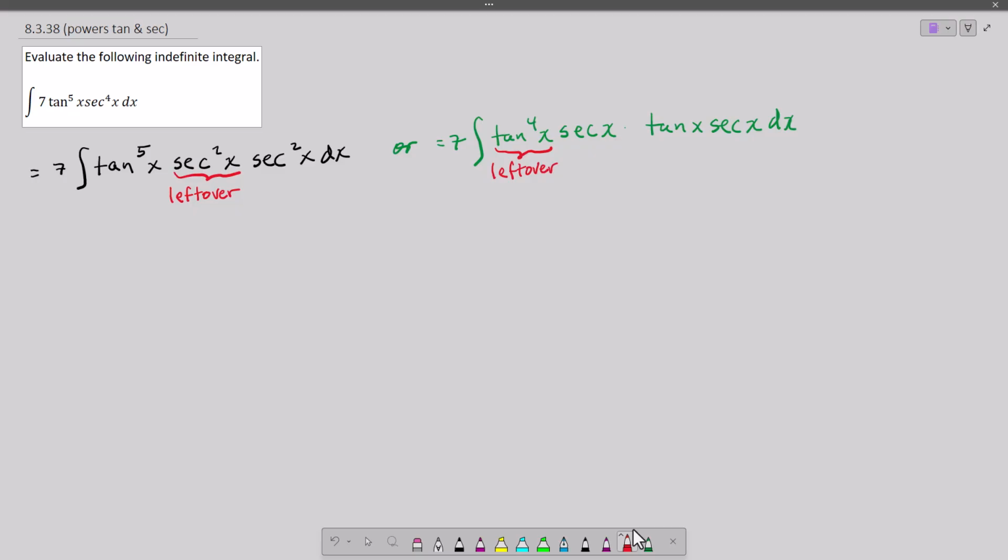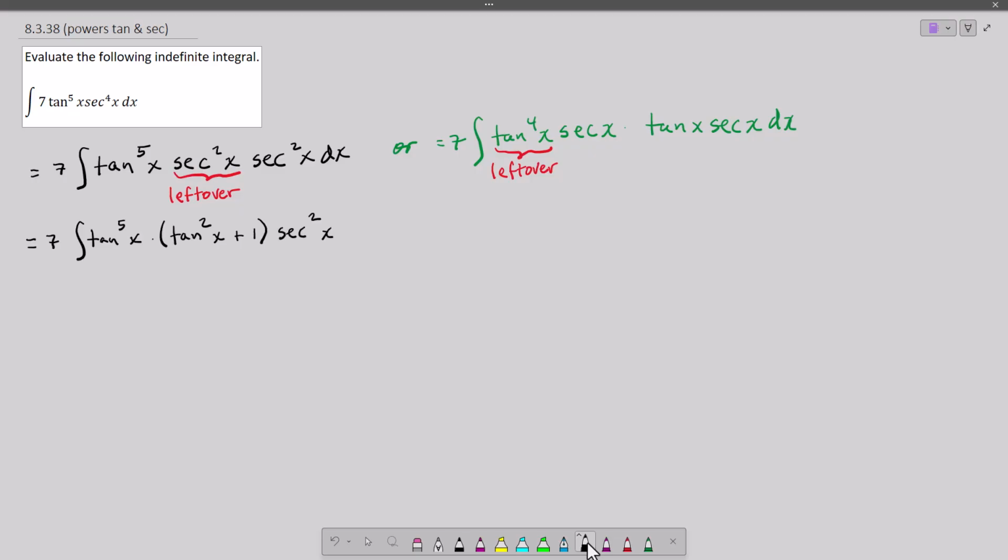That's more work to convert a power of 4 than to convert a power of 2. So I'm going to choose this path over here, and I'm going to replace the secant squared with what it is equal to, which is tangent squared plus 1. So I'm converting the leftovers into the other function.